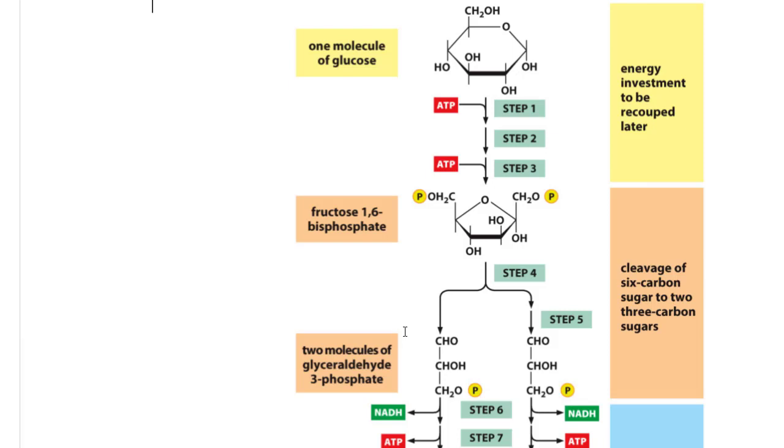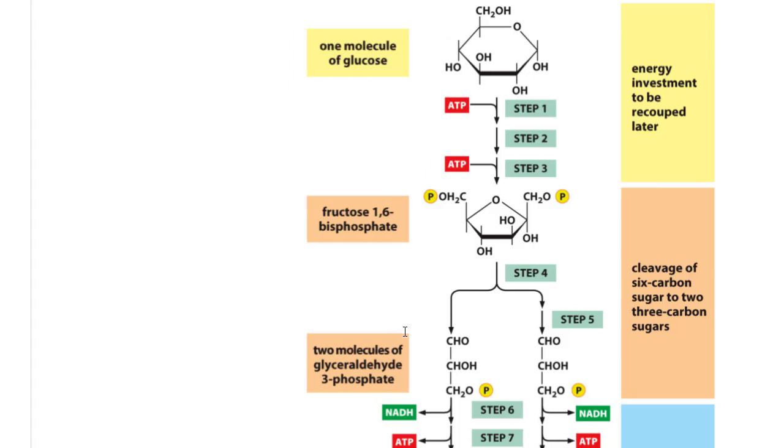Glucose enters. You have step 1, where ATP is attached to it, or glucose is phosphorylated. And then you have step 2, step 3, another ATP is utilized, and you get this molecule, fructose 1,6-bisphosphate. Now, why is this not called diphosphate? It's called bisphosphate because the phosphate groups are on 2 separate parts of the molecule. They're not attached to each other in series.